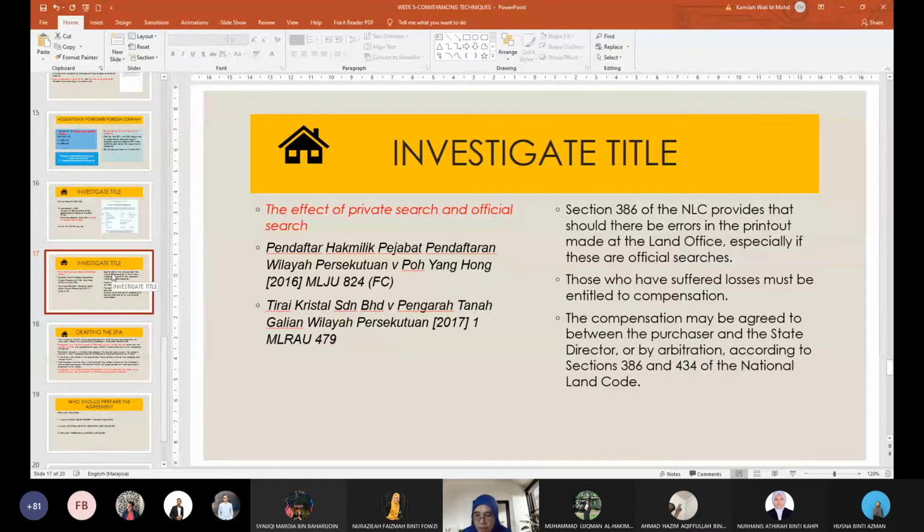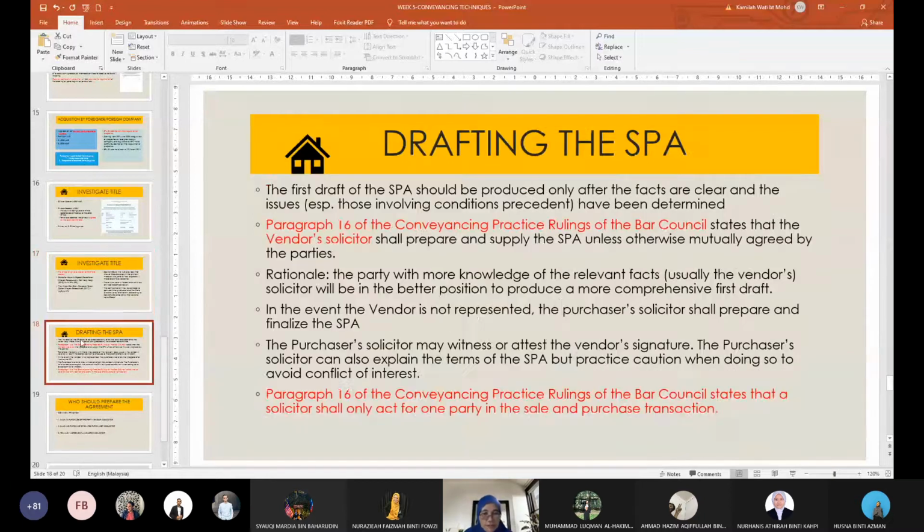Now we have gathered all the information, so maybe now it's safe for us, or it's proper for us, or suitable for us to draft the agreement. So drafting the SPA. Okay, who should draft the SPA? Sale and purchase agreement.